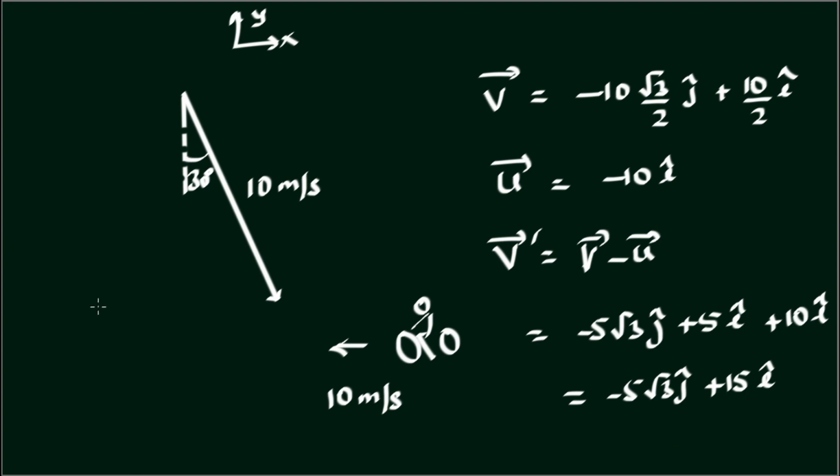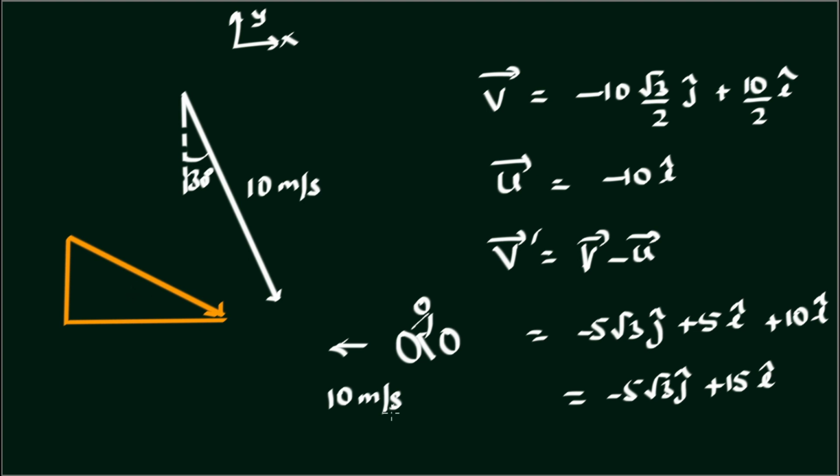So the velocity of the rain in the cyclist frame is going to be minus 5 root 3 j cap plus 15 i cap. So the rain is coming down in this direction. In fact, it's far more horizontal in the cyclist frame of reference.